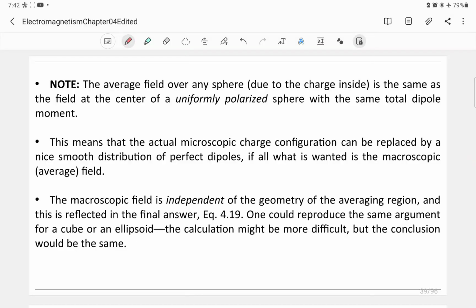So there's a note here. The average field over any sphere due to the charge inside is the same as the field at the center of a uniformly polarized sphere with the same total dipole moment. This is very important. Although this section is not of so much importance, it's good to know.